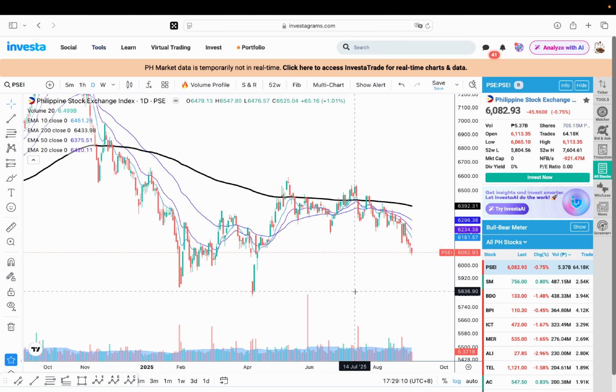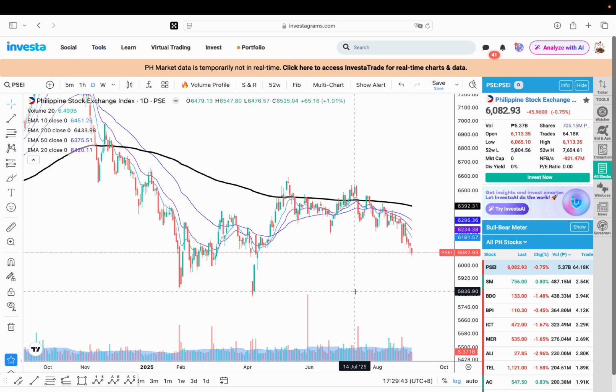So what the EMAs tell you is basically it allows you to assess whether or not we are in a bull market or bear market. So bull market basically means that prices are uptrending, and bear market means that prices are in a downtrend. So, of course, we want to be investing or trading stocks during uptrends because that's where money is made.